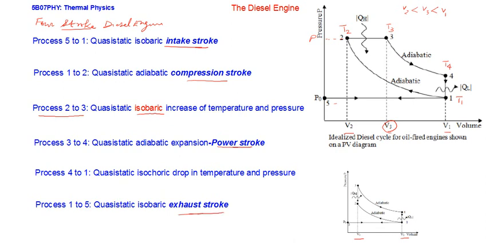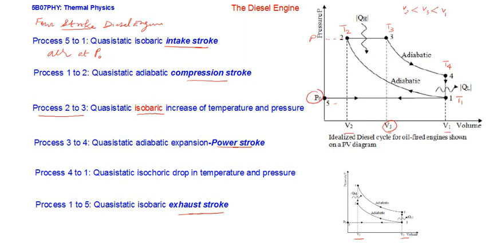Now in the beginning of the intake stroke, what happens is that air only, that is very important, that is a difference. So air is taken in at atmospheric pressure, at constant pressure, let's say P0. So that's an isobaric process, as you can see in 5 to 1 in the PV diagram. So this is happening at a constant pressure of P0.